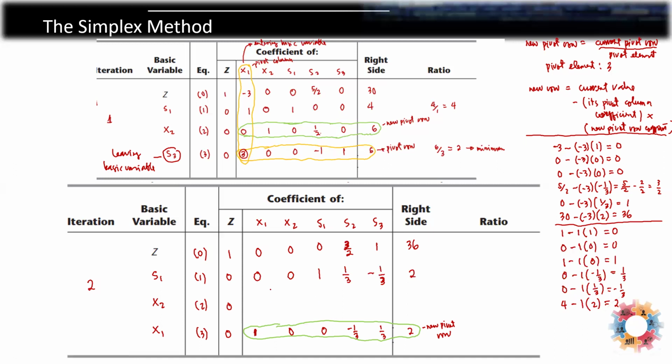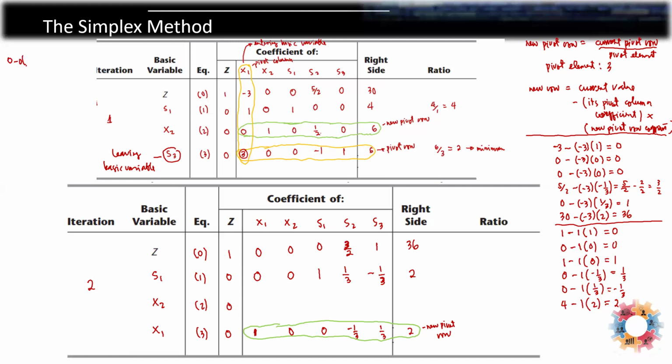Okay, then the third row, let's do it here. We have 0 minus the pivot column coefficient corresponding, that is 0 itself.